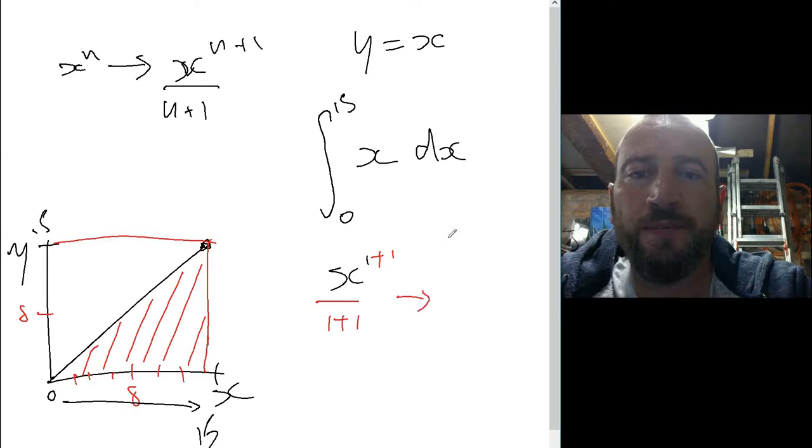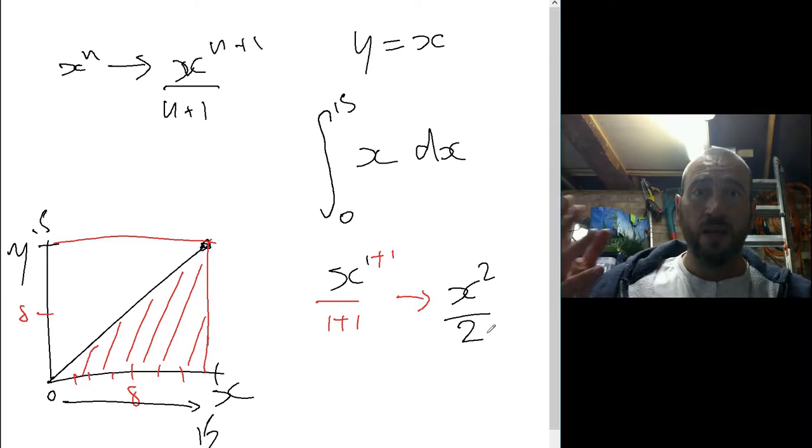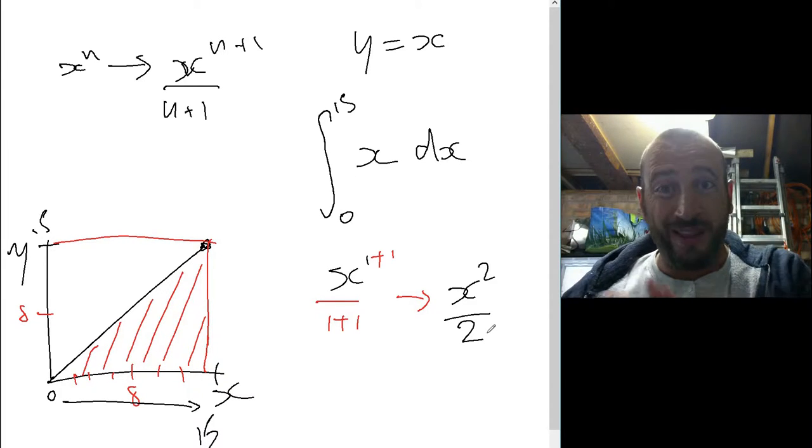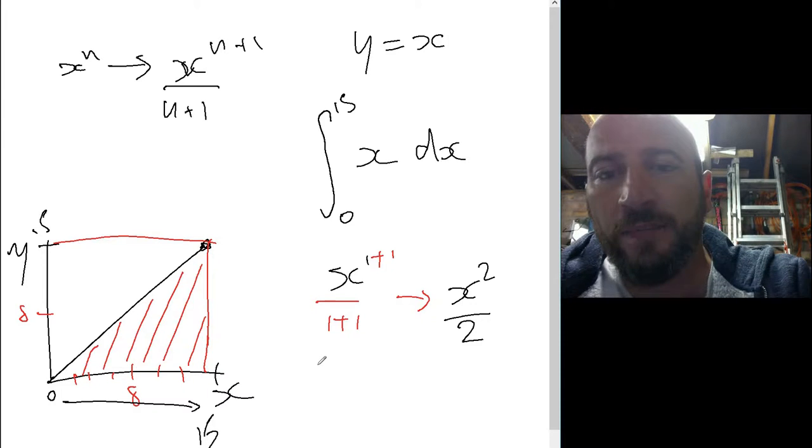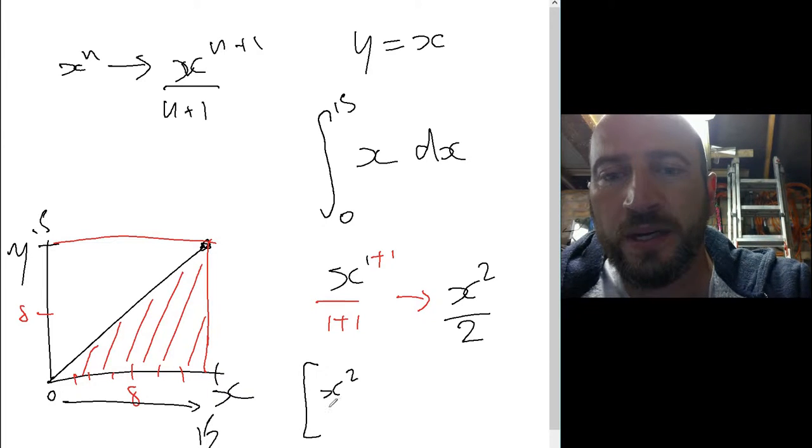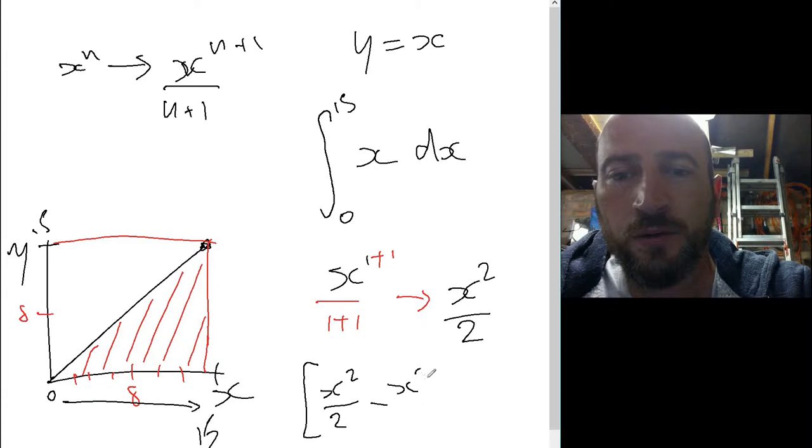So we get x squared over 2. Now we need to put this into our formula with the limits. So we get x squared over 2 minus x squared over 2 when the limits are 0 and 15.